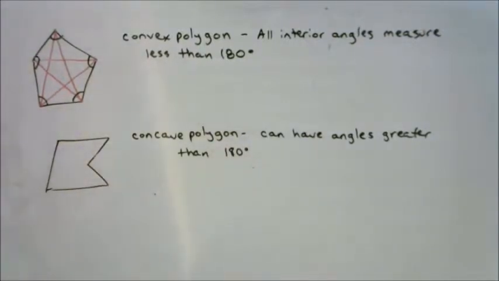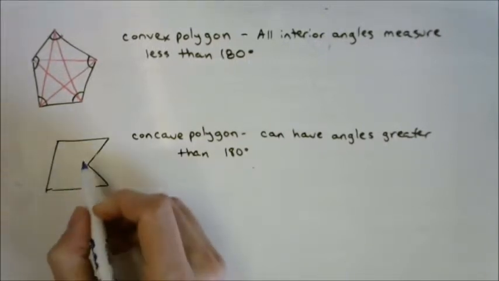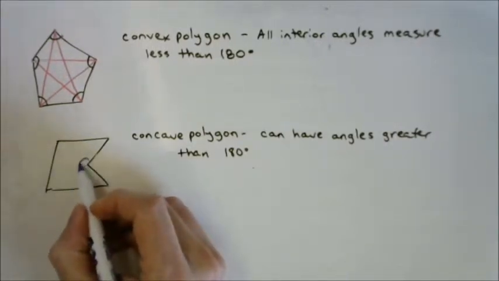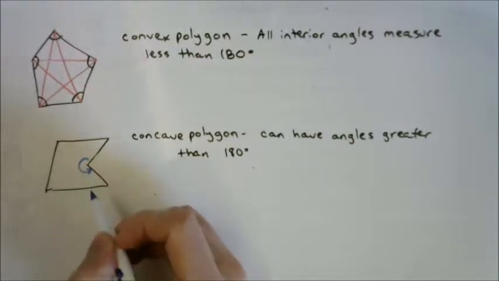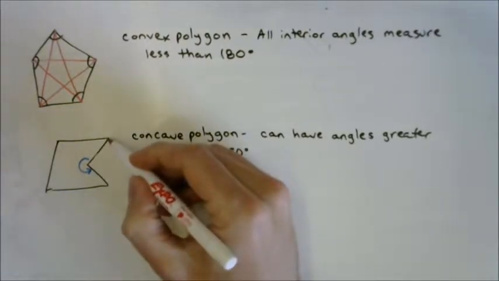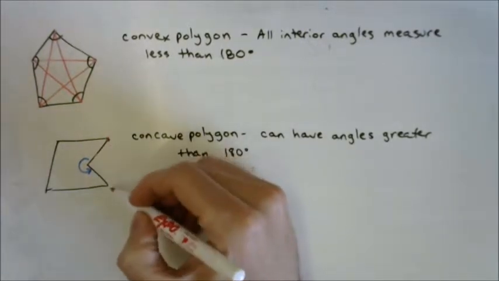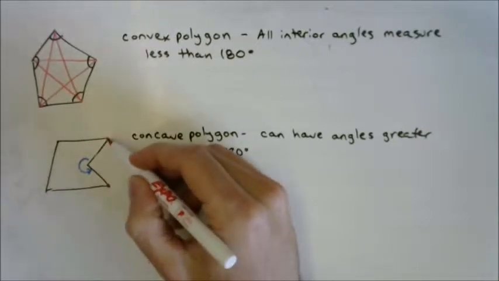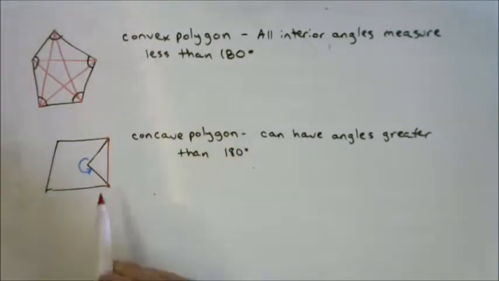So concave polygon can have angles greater than 180 degrees, and that's what we see here in this angle right here. The interior angle is greater than 180 degrees. And that causes us to be able to take a line segment from one vertex to another vertex, and that line segment is actually outside of the polygon.